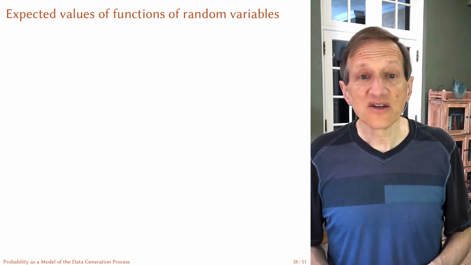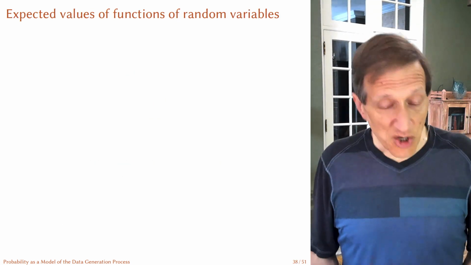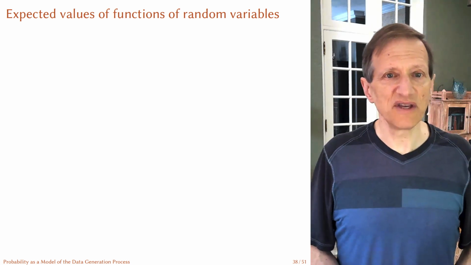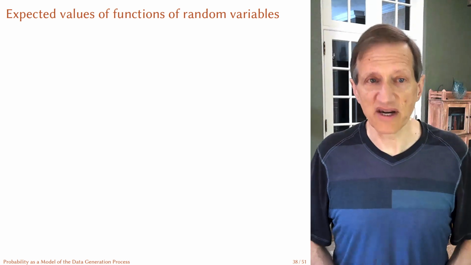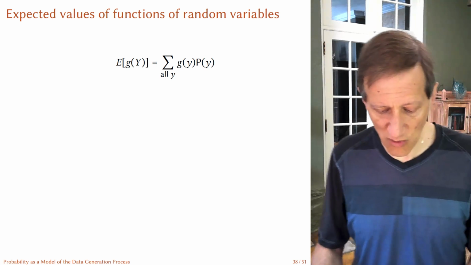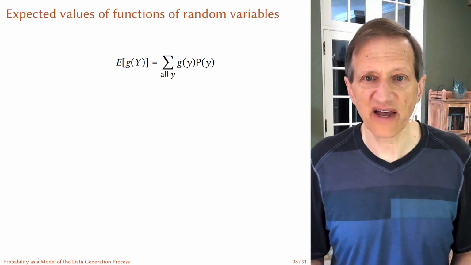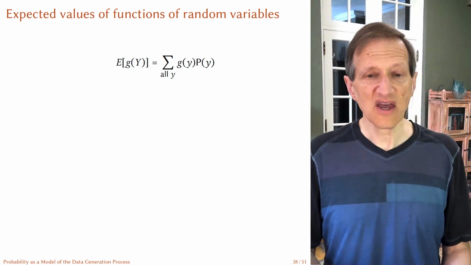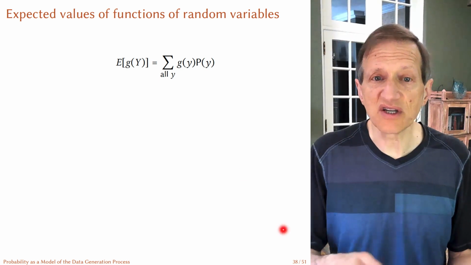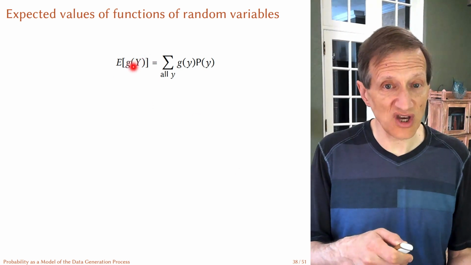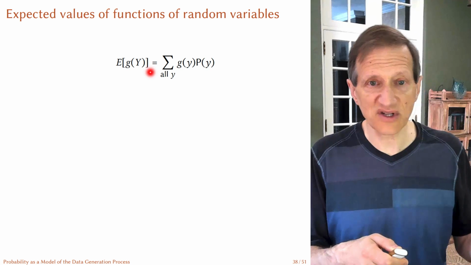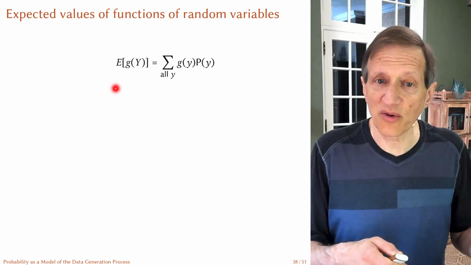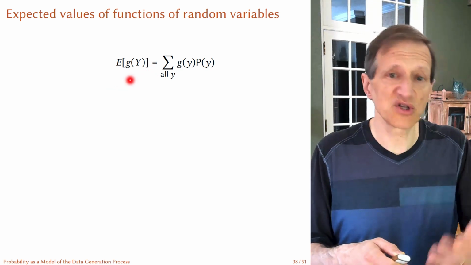It turns out to be a special case of the expected value of functions of random variables. We'll always have to know how to compute the expected value of functions of random variables. Some function is g. Now I'm reusing this g. Previously I used it as the functional form in a statistical model, but here it's just some function.